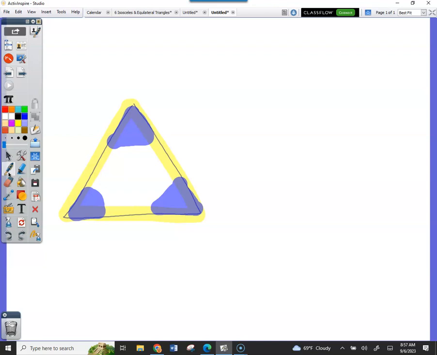I need you to understand that length of the sides is linear. Linear meaning I could lay a ruler down and I could measure it. So this is the sides. Side length is linear.